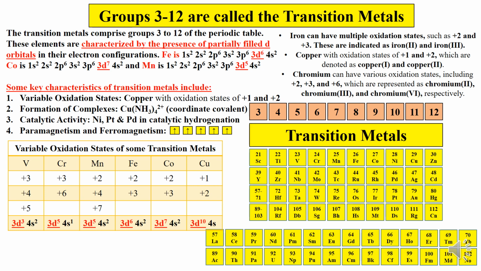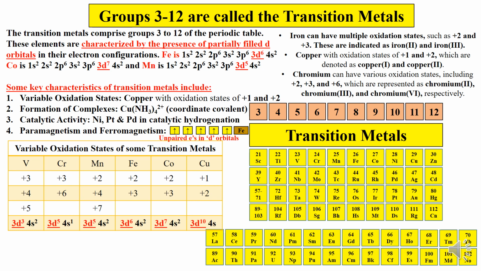The d orbital has 5 subshells and each subshell can accommodate up to 2 electrons, so the d orbitals as a whole can accommodate up to 10 electrons. Now, paramagnetism is a property of transition metals with one or more unpaired electrons in the d orbitals.